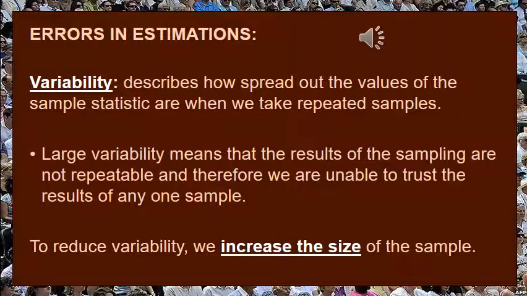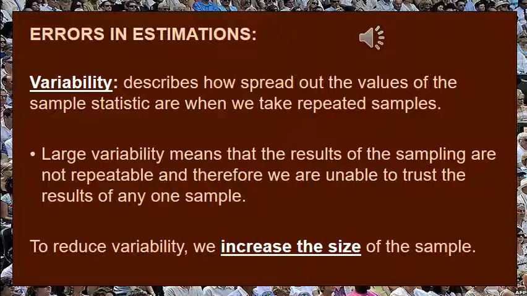The second type of error, variability, describes how different from each other the statistics would be if we take multiple samples. So we want variability to be as small as possible. A small variability means you can trust the results of your research.